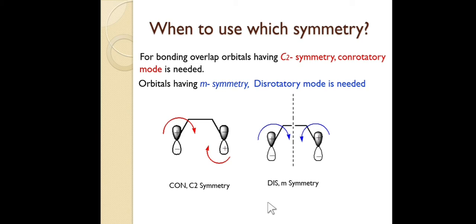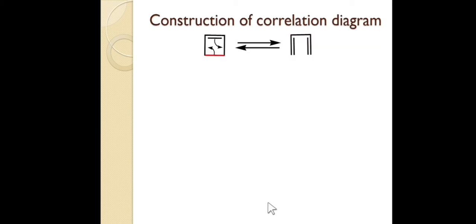So let's see one example, so it will be more helpful for us. Let's see the construction of the correlation diagram for the interconversion of cyclobutene to butadiene.